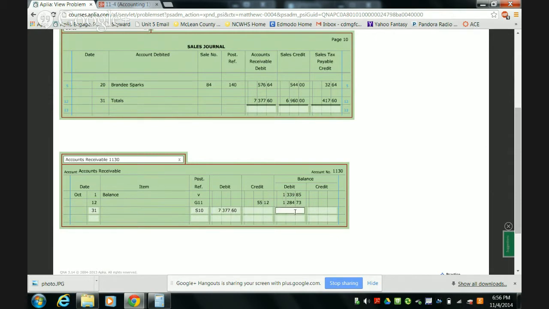I add that here since they're both debits, and I get $8,662.33. When I've done that, I want to post the account number here at the bottom. Make sure that you put your parentheses in first.